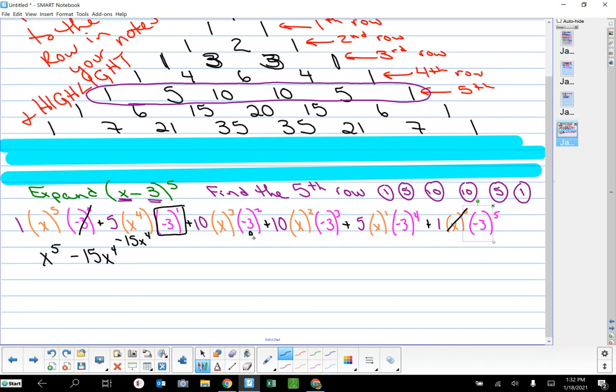Then this is a 9. 9 times 10 is 90, 90 x to the 3rd. Then this is a -27 times 10, which is -270 x squared. -3 to the 4th is 81.